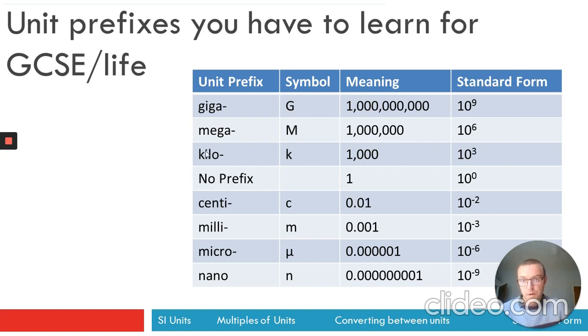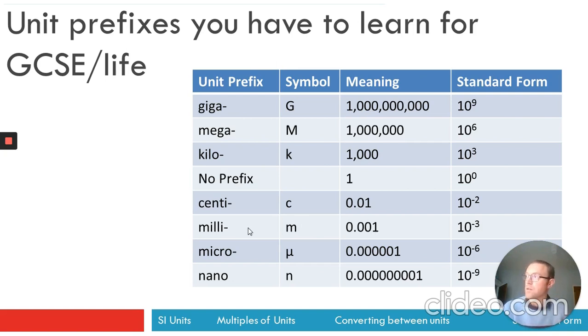You have most certainly come across kilo from kilometres. Kilo, you see the symbol K, stands for 1,000, so 1 kilometre is 1,000 metres. You've seen centimetres, so 1 centimetre is 1/100th of a metre. Millimetre is 1,000th of a metre.